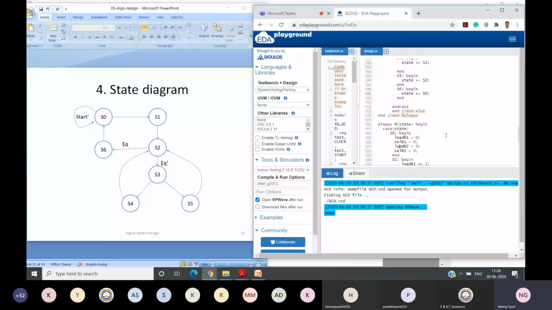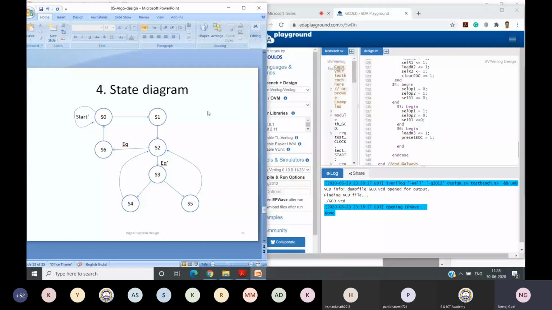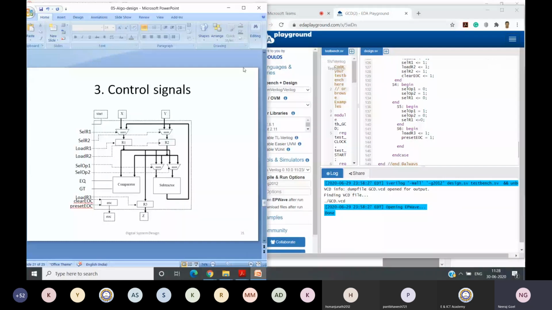So when we are designing like this, we have to draw a diagram like this, and we also need to correlate our hardware, our Verilog model, in correspondence to this particular level.